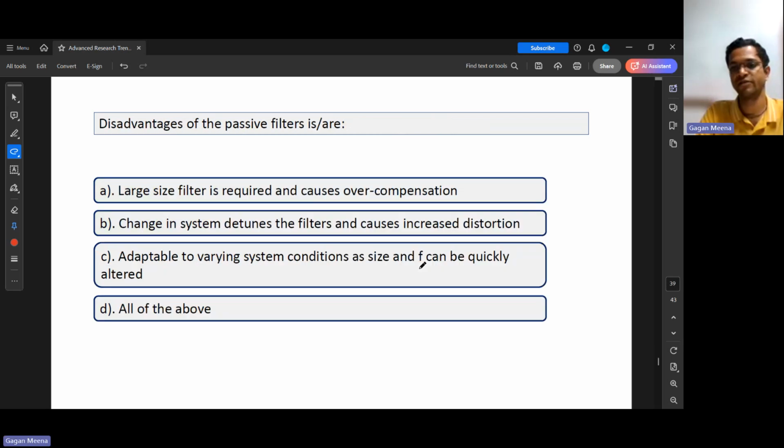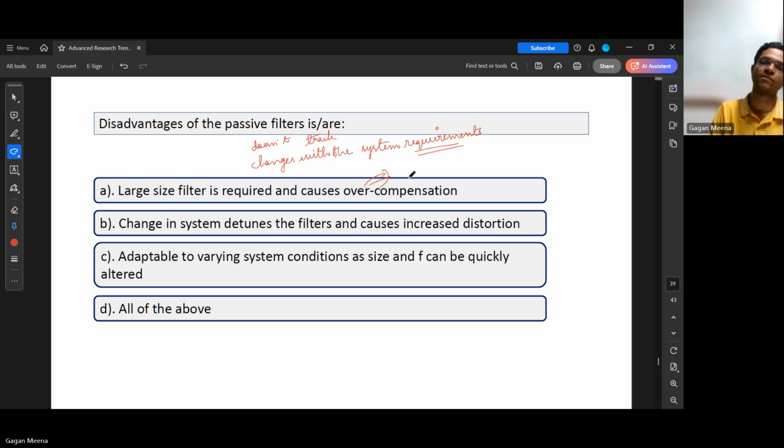Disadvantages of passive filters are: yes, large size filter is required and causes overcompensation, and it changes with the system requirement. It does not track system requirements. So it is not adaptive.